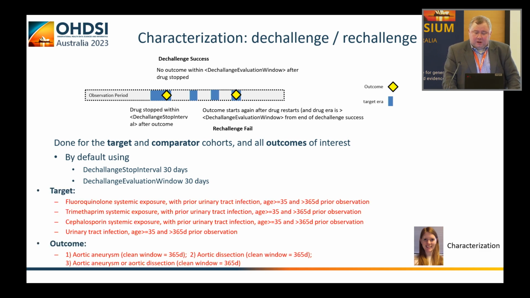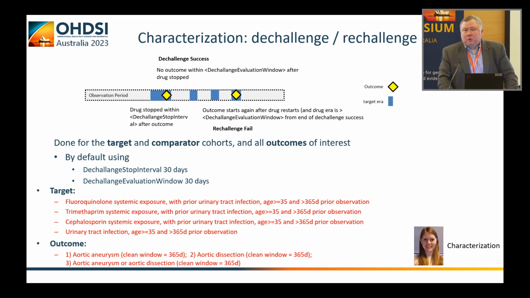In the context of our fluoroquinolone study, we were able to do re-challenge, D-challenge for each of the exposures, the target and the comparator, as well as for the outcome. Now, importantly here, this is actually kind of interesting because a given person can be exposed to fluoroquinolones multiple times throughout their life, and the way that we've modeled our aortic aneurysm, it's possible that a person could have multiple aneurysms, although they must occur at least a year gap between them.